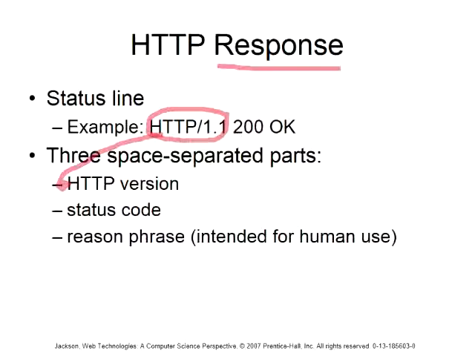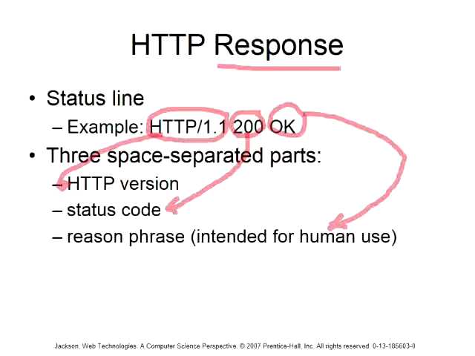The second part is the status code, and our example is 200. And after that, the reason phrase, intended for human use.